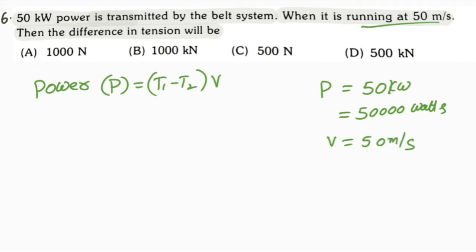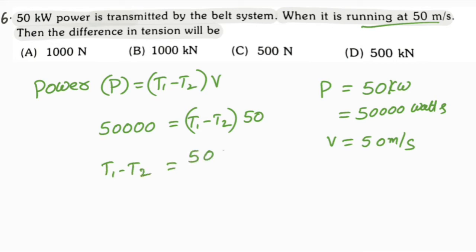Let us put them in. Power P is 50,000, equal to T1 minus T2 multiplied by belt speed V, 50. Therefore, T1 minus T2 is equal to 50,000 divided by 50, which is 1000.